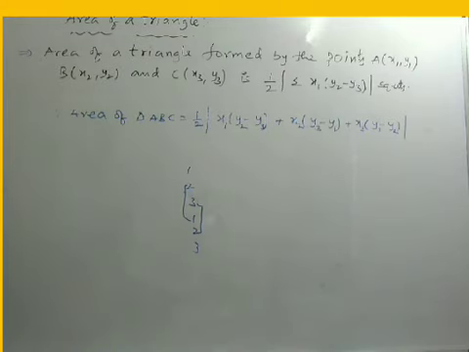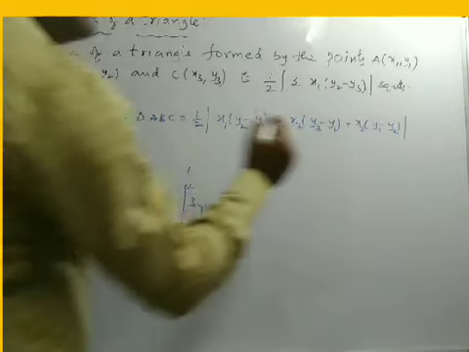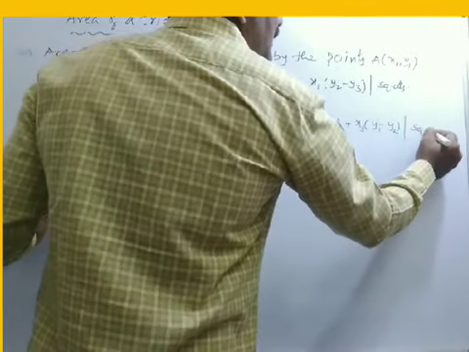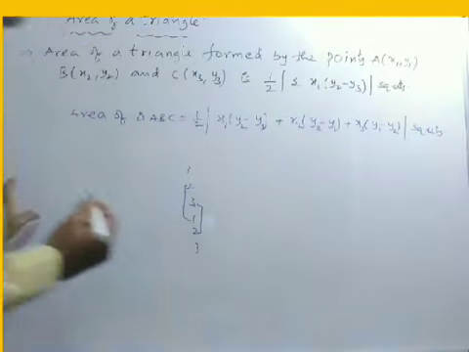And look at the final formula for area of a triangle ABC: half modulus of x1 into y2 minus y3 plus x2 into y3 minus y1 plus x3 into y1 minus y2. Because it is area, better to express in square units.